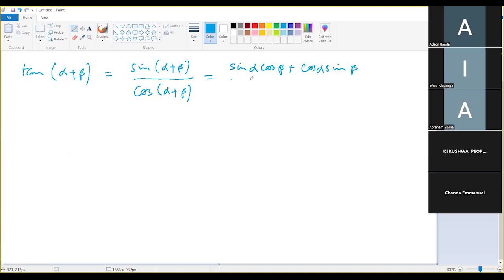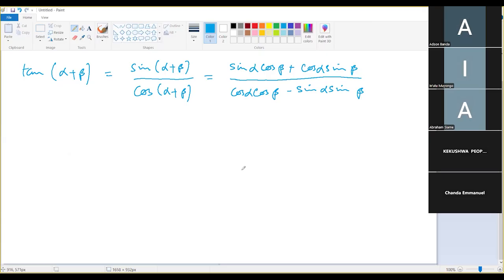So that's what we found. And then the cosine of alpha plus beta is the cosine of alpha times the cosine of beta minus sine of alpha sine of beta. Right, so this is by definition what we have.